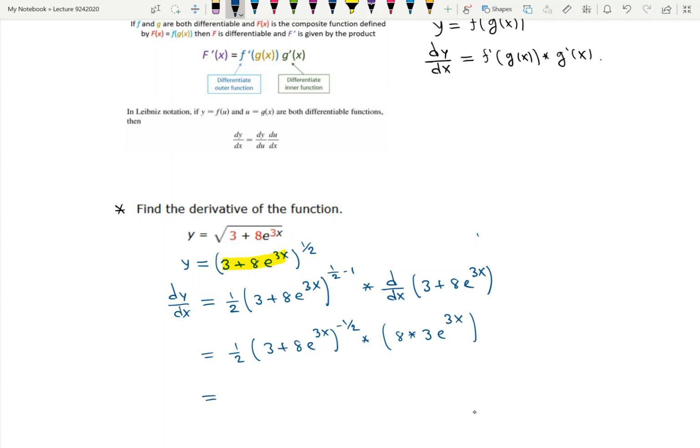So the answer is, if you cancel the 2 and 8, it becomes 4. So 12 e to the power 3x over the square root of 3 plus 8 e to the power 3x. So this is the answer.